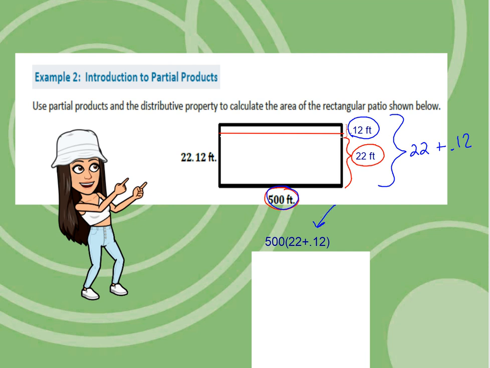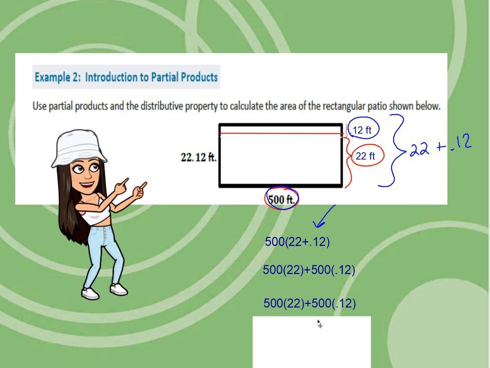Now, as I do that, I distribute. I have it separated. So I have 500 times 22 and 500 times 0.12.